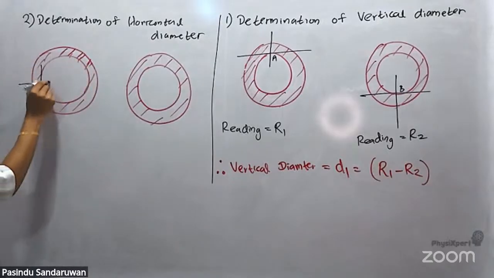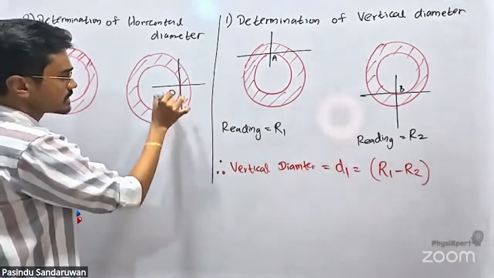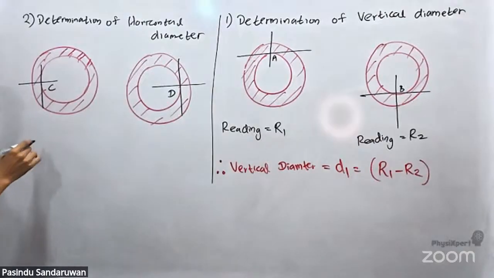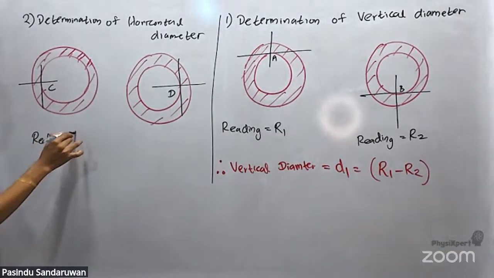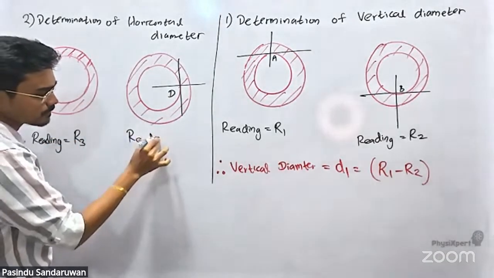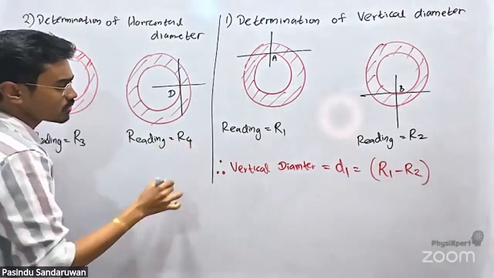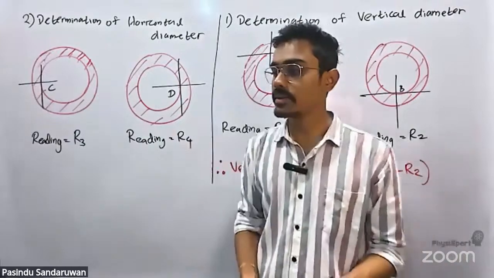And then to position D, like this. Let's say the reading at C is R3, and the reading at D is R4.